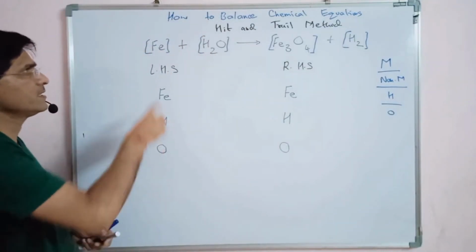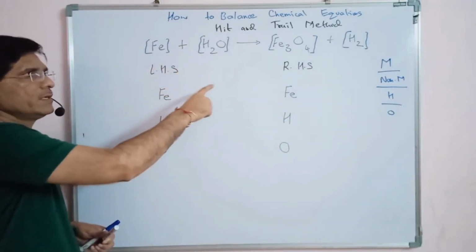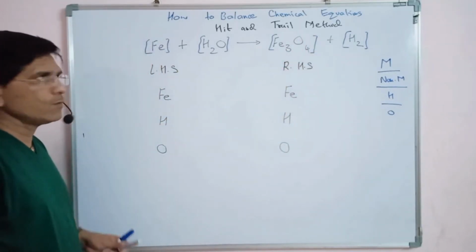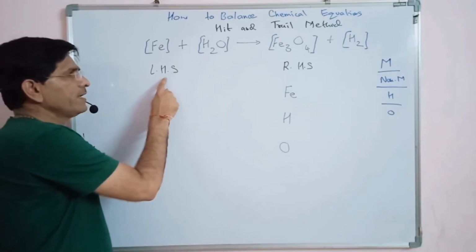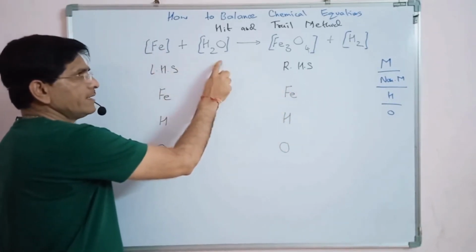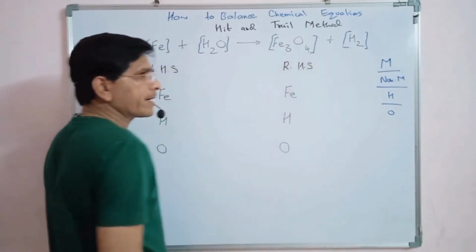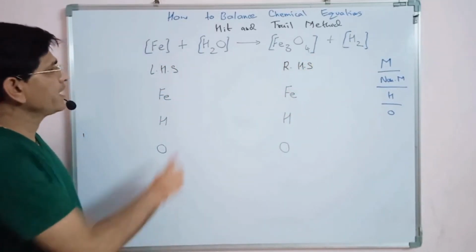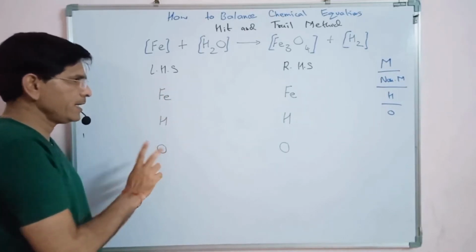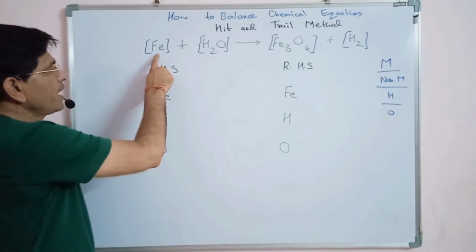So, if you see, Fe reacts with water and gives Fe3O4 plus H2O. Now, the first step is left hand side and right hand side. It is called reactant, and it is called product. Now, from the reactant, we have to find out Fe, hydrogen and oxygen. How many Fe?